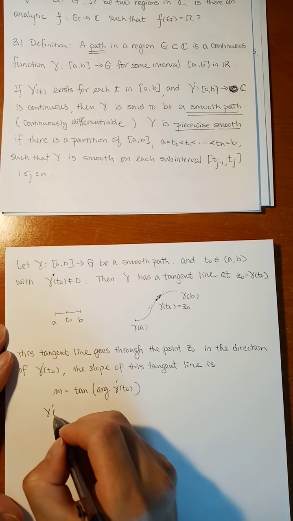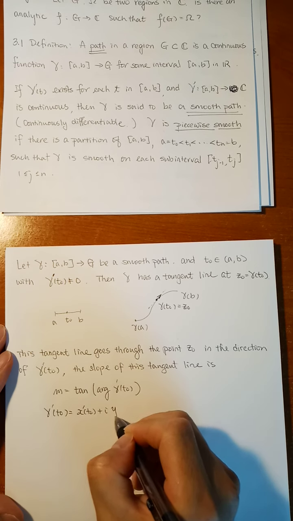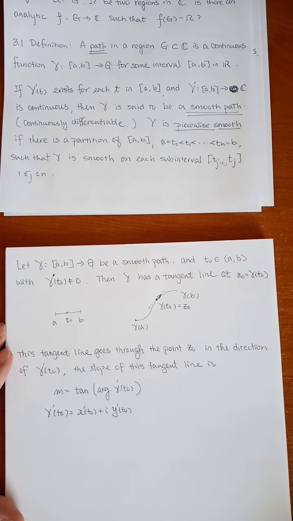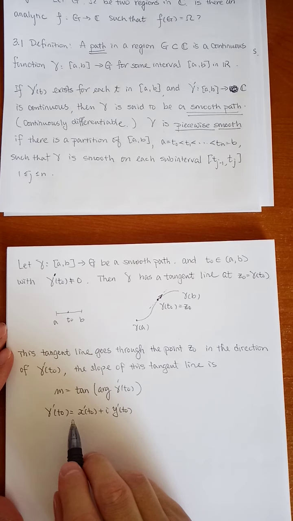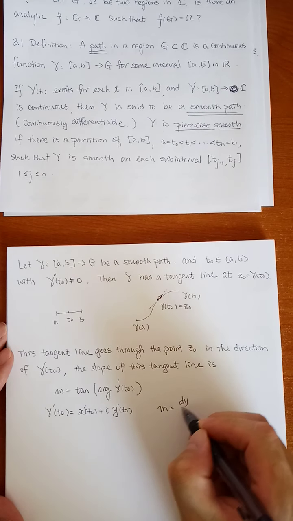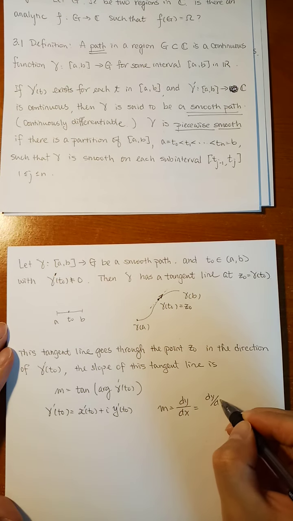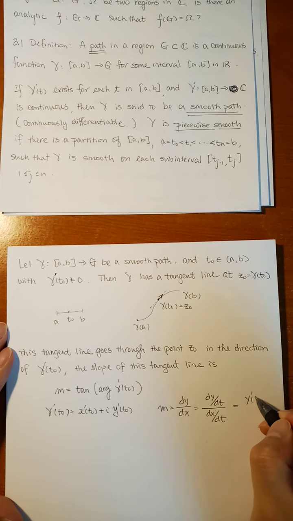The gamma prime T0 is actually x prime of T0 plus i y prime of T0. It's a parametric equation, right? Okay, and then what is the slope? Slope is dy dx. dy dx is dy dt over dx dt, which is y prime over x prime.